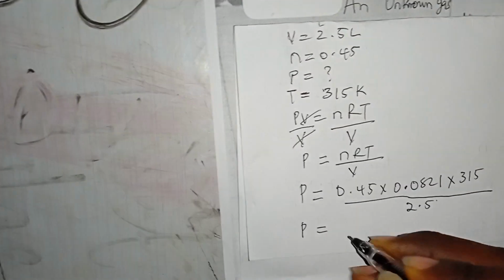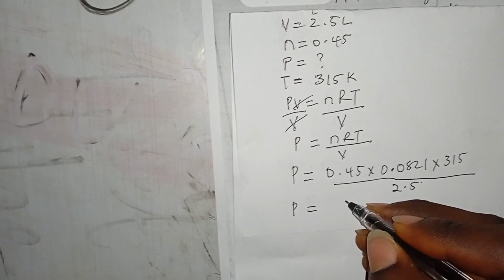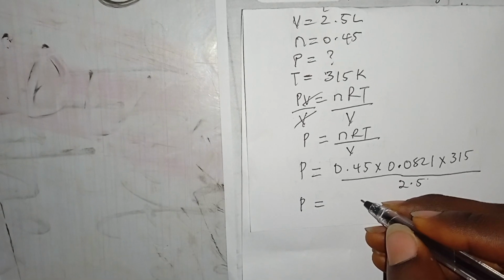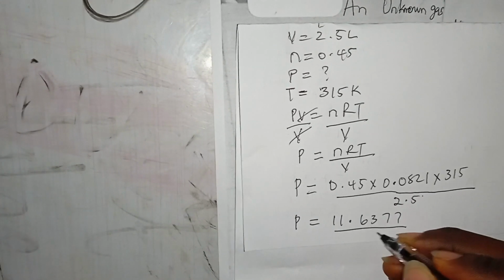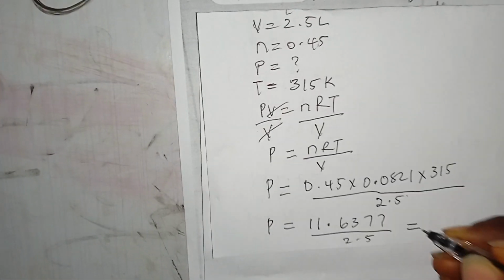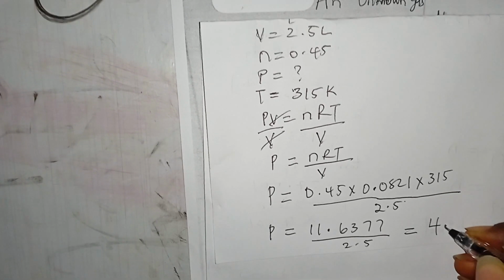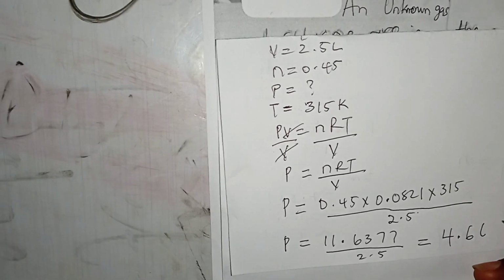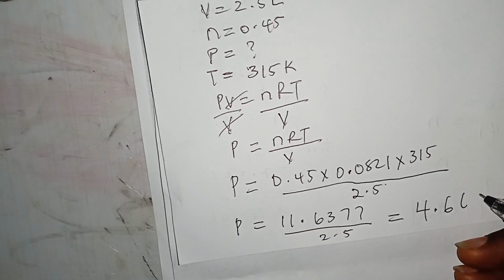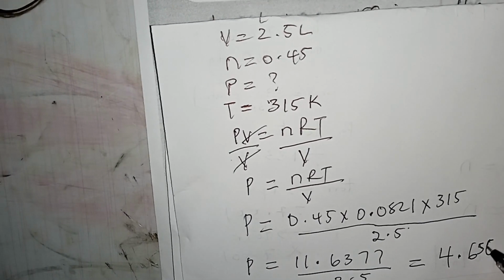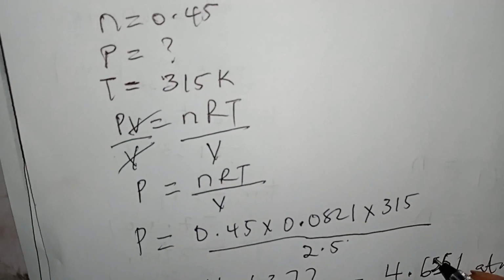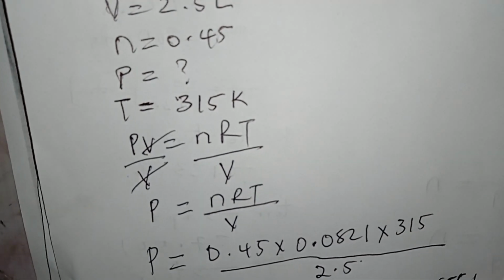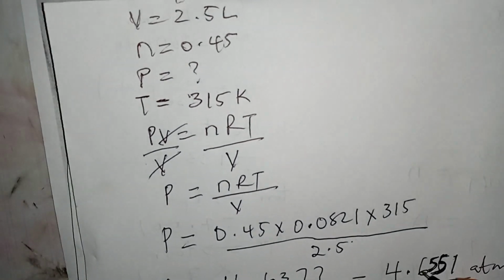So when you do the mathematics, the punching, you know that this is the same thing as 11.6377 all over 2.5, and that gives us on division 4.6551 here.